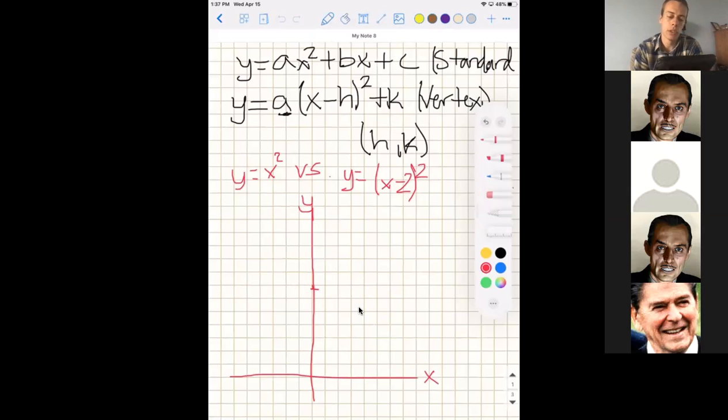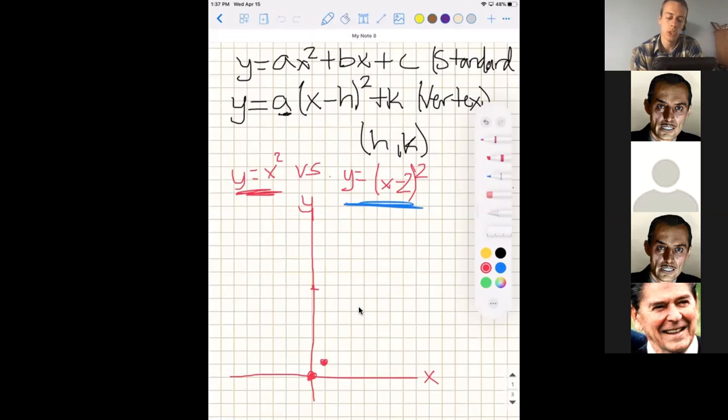If we plugged in 0, we'll do this one in red and our other one in blue. For y equals x squared, we'd have 0, 0. If I plug in 1, I'd get out 1.